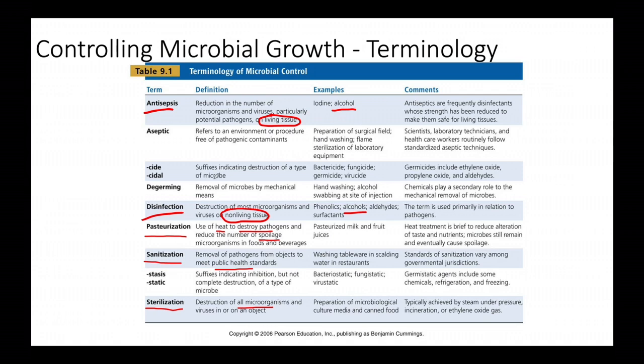Going back up, I skipped over degerming, but degerming is going to be very much coupled to antisepsis. And so it's really just coupling two processes that are working in conjunction with one another.